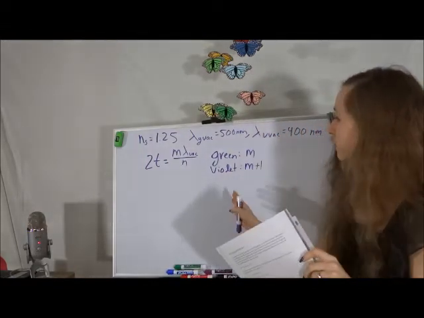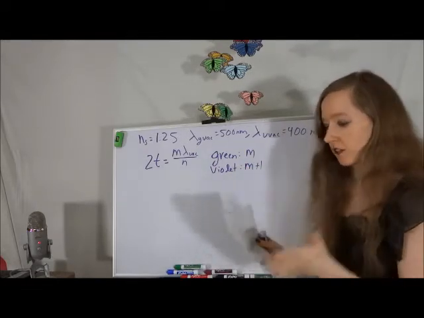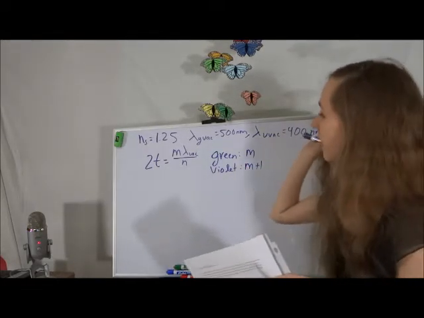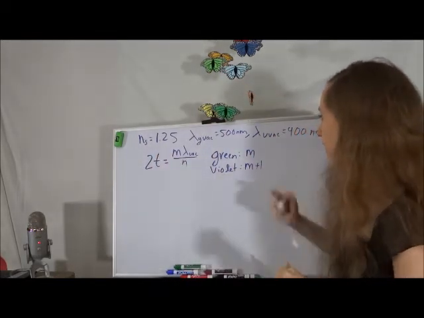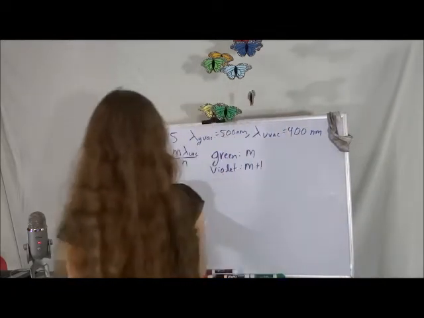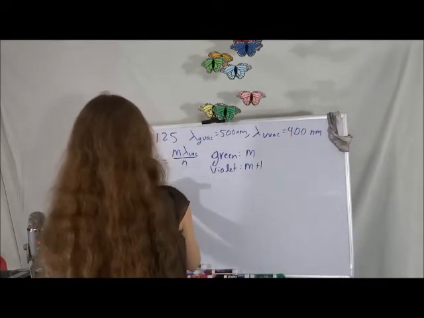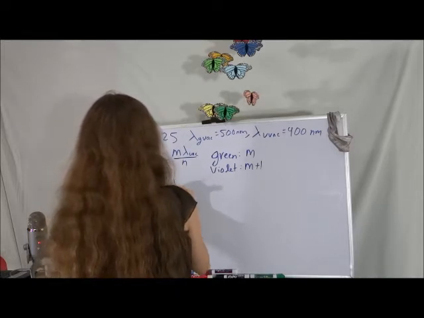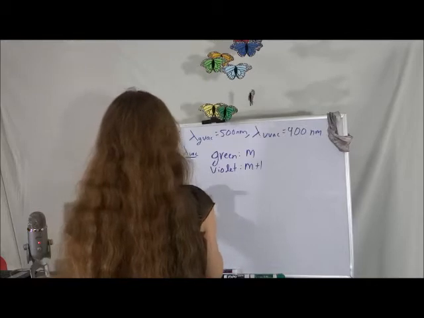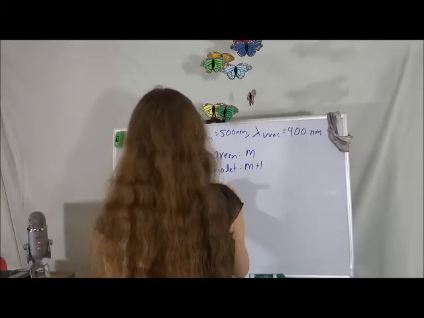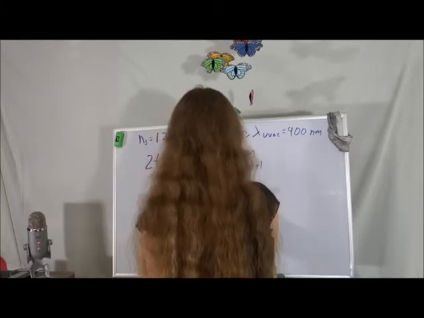And so what we're going to do is write out the expression for green light and the expression for violet light. And we're going to use that to solve for M. Once we have M, we can plug that back into our equation and find the thickness of our soap layer. So we're going to have M lambda G vac over n equals M plus 1 lambda V vac over n.